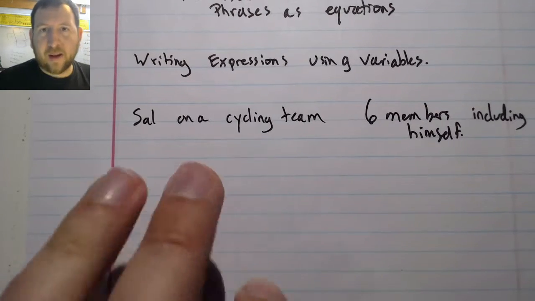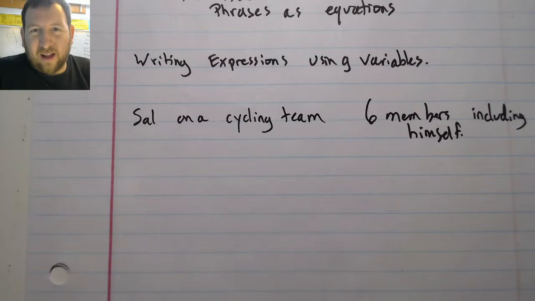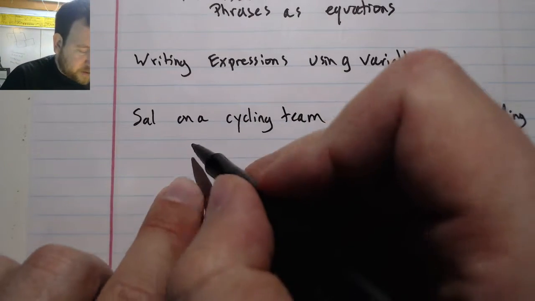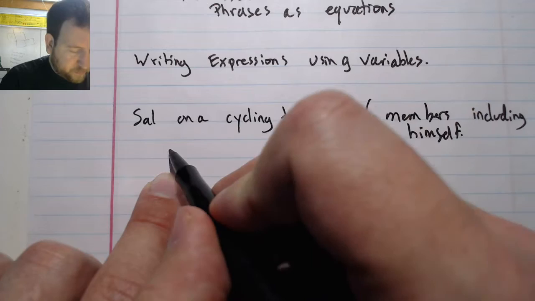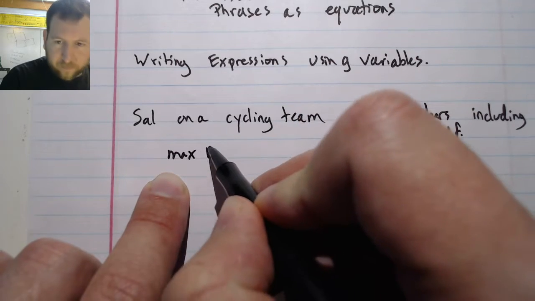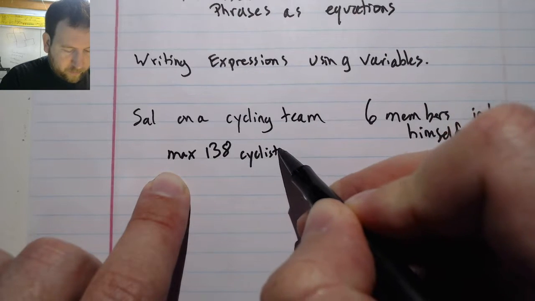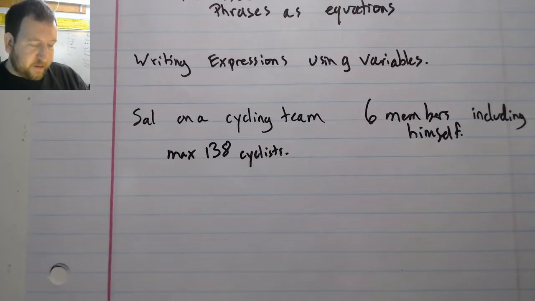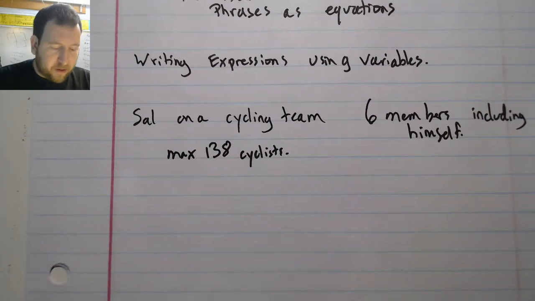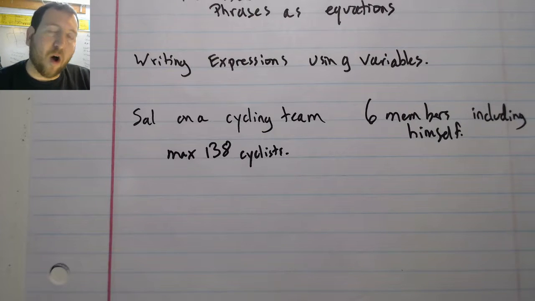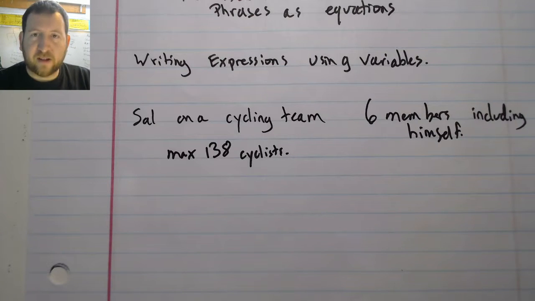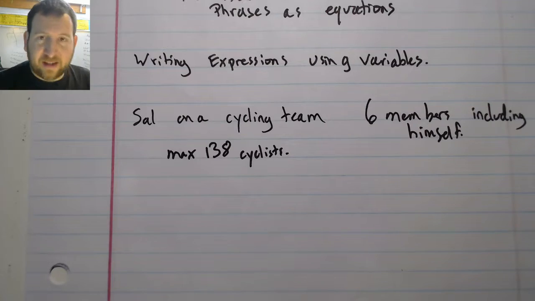Any more than that, and it doesn't fill. It's too full, and the cyclists will crash into each other, and we don't want that to happen. So the question is, what's the maximum number of cyclists that can already be registered for the race in order for him to fit his team onto the race?